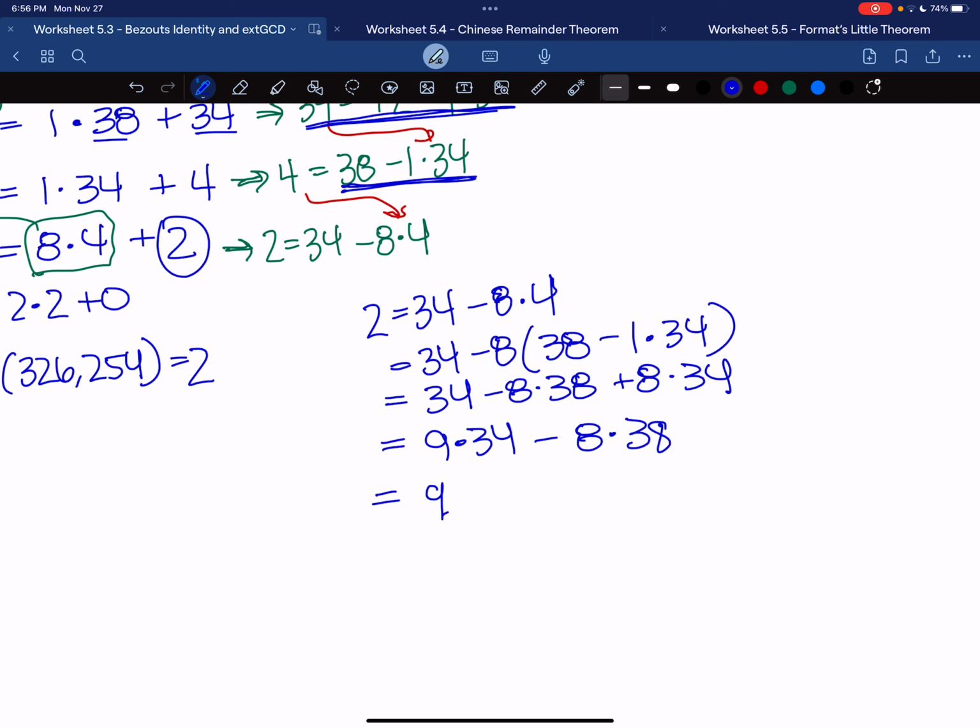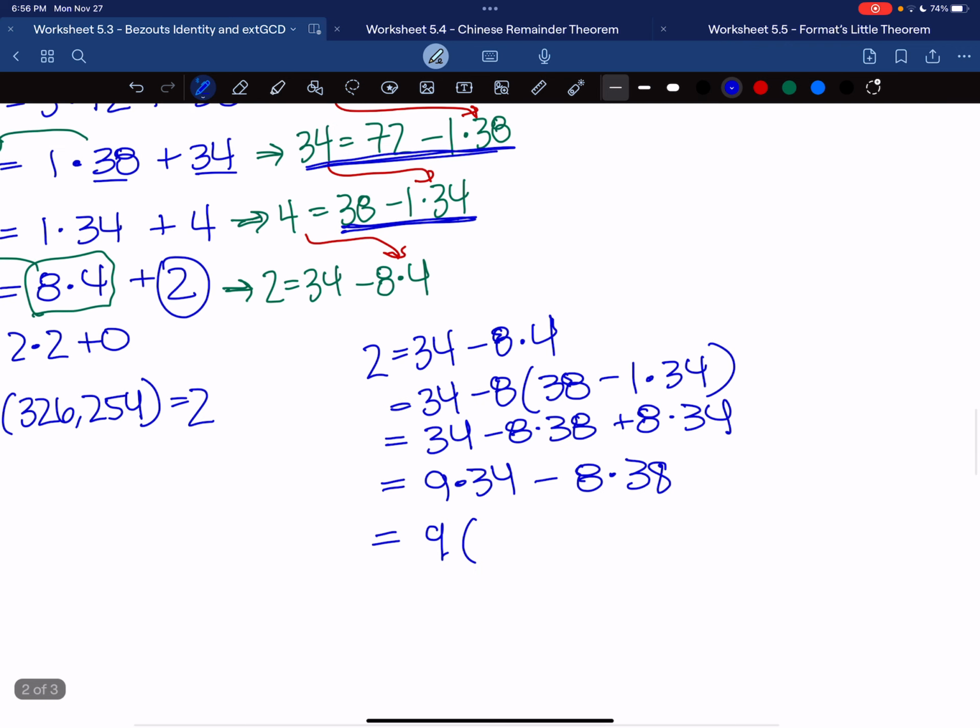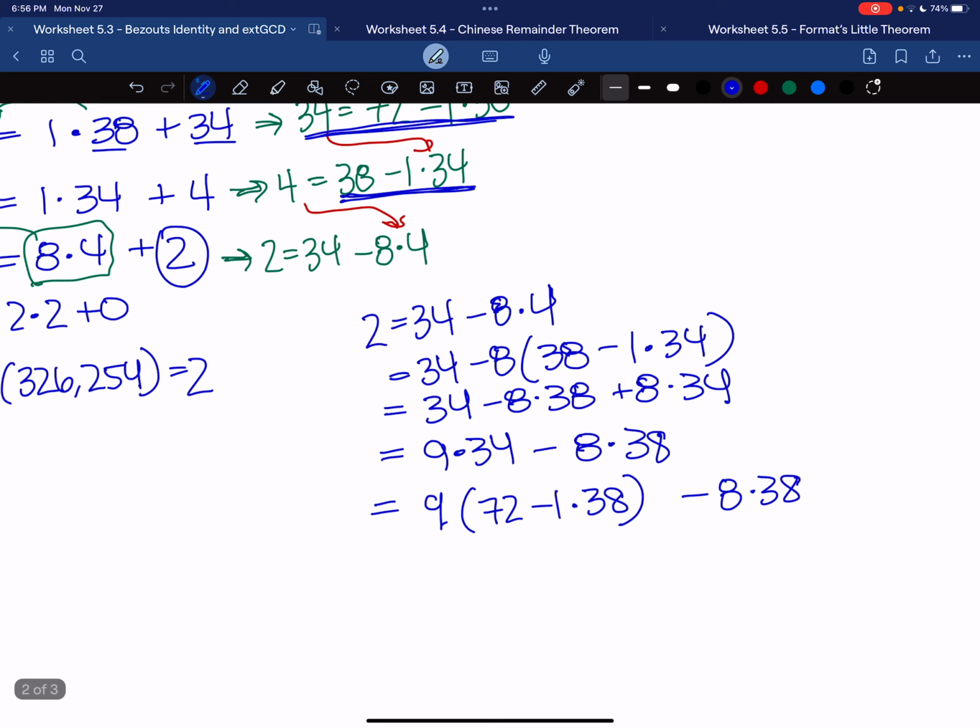So 9 times, and instead of 34, we're going to say, well, 34 is the same as 72 minus 1 times 38, minus 8 times 38. And we can pull that out. That's 9 times 72. And we see we've got a minus 9 and a minus 8. So that becomes minus 17 times 38.